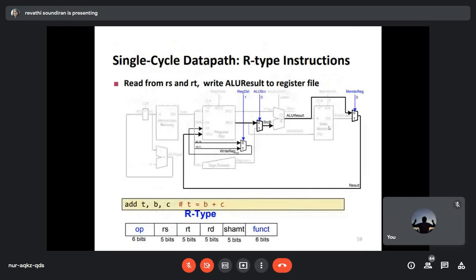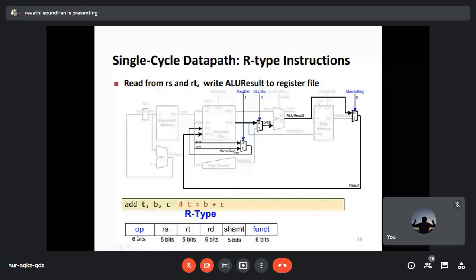Now, based upon your R type instruction, which is your register type instruction, we have quite small differences. Here the operation you are trying to perform is add, adding the values in the operand registers B and C. If you recollect, the R type instruction comes with six fields.